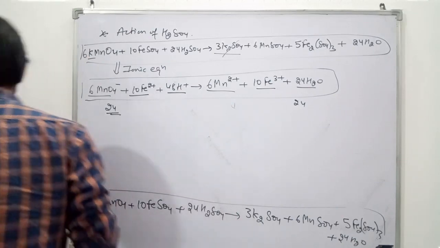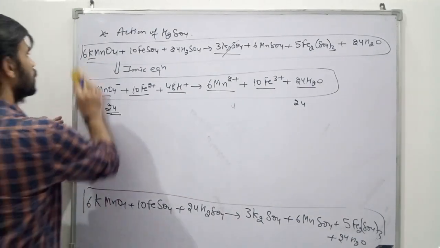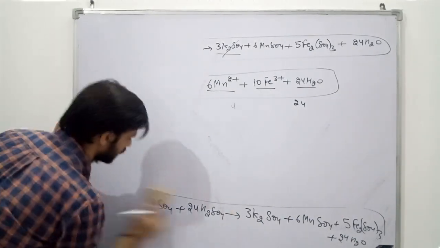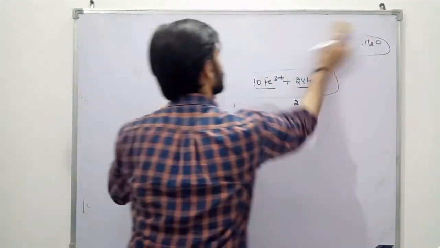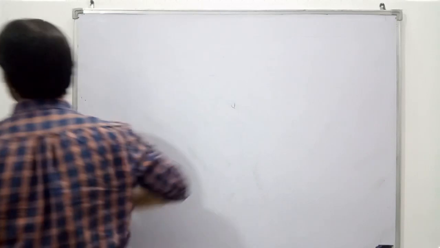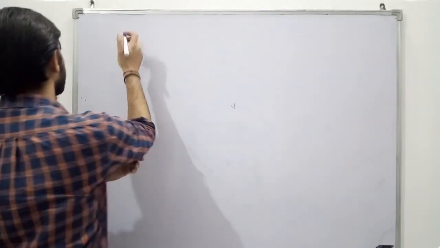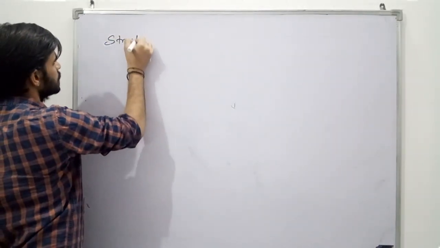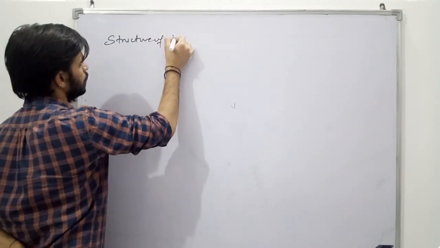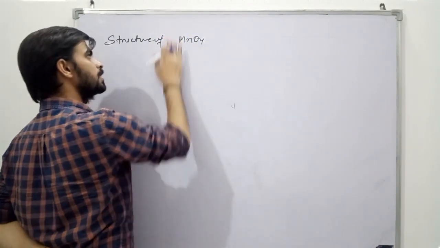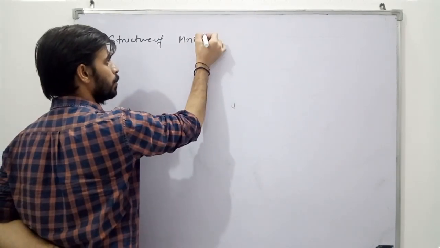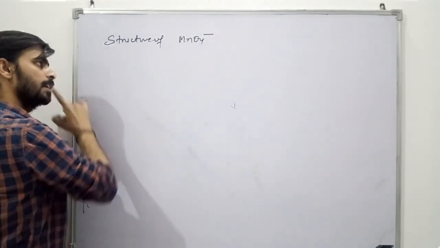Now let's talk about the structure of potassium permanganate and potassium manganate. Structure of potassium permanganate. Actually, we have to draw the structure of the permanganate ion.